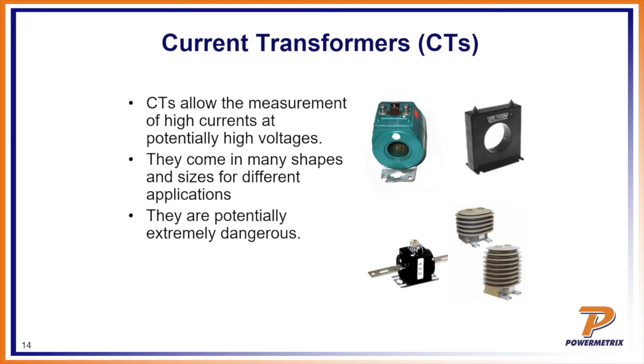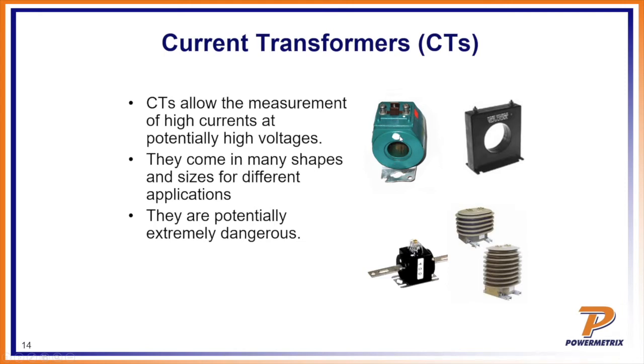But on CTs, or current transformers, these do the same thing. They step down higher current to lower currents to make it safe operation for the meter technician. The pictures here, for example, on the very top, are what we call window or donut type CTs.